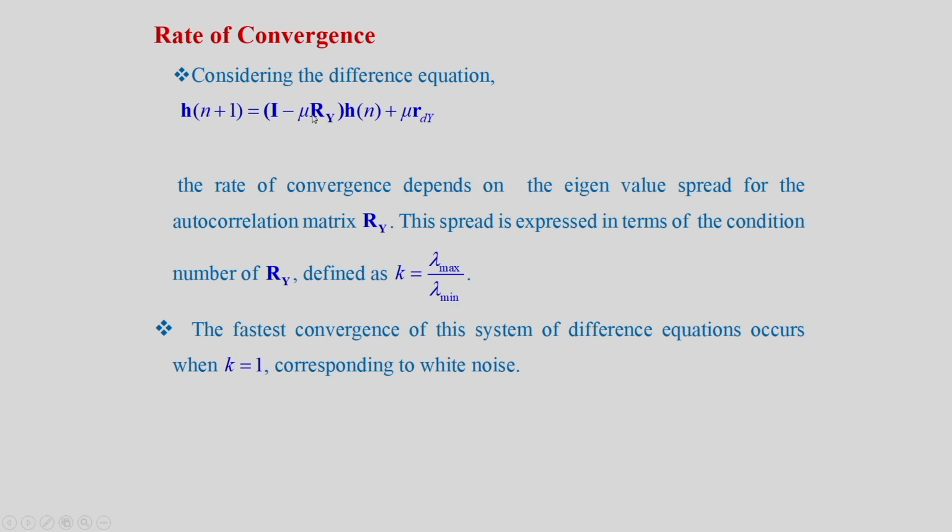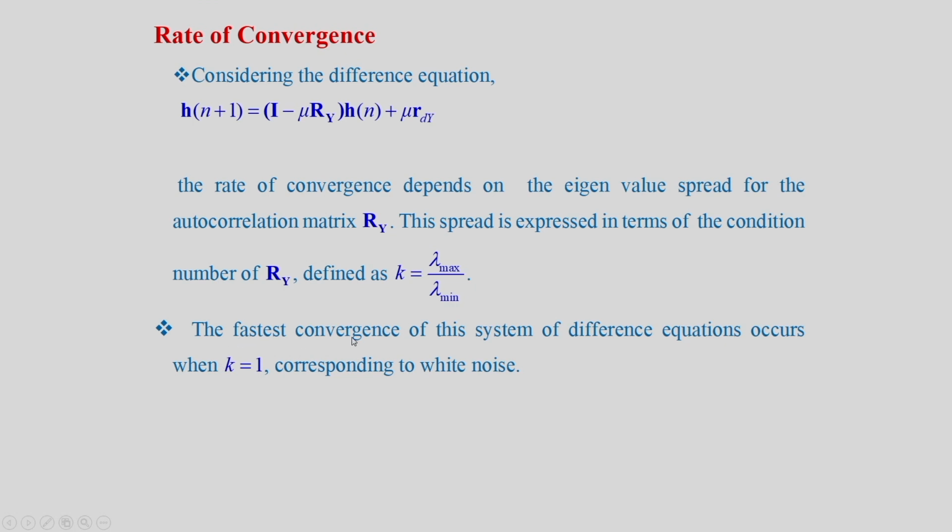So, the spread of the eigenvalues of this matrix will determine the speed of convergence. This spread of the eigenvalues is expressed in terms of the condition number, which is defined as k is equal to lambda max by lambda min. So, if this k is large, then convergence will be slow.